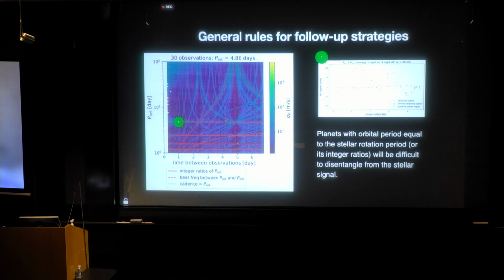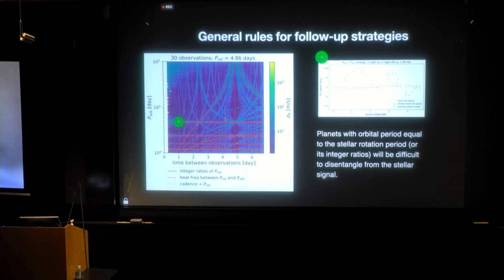It's the horizontal line. The plot on the right shows a phase folded RV curve where the blue dots are the putative planet signal, and the red is both planet plus stellar variability when observed at the cadence that is given by the x-axis of the plot on the left.